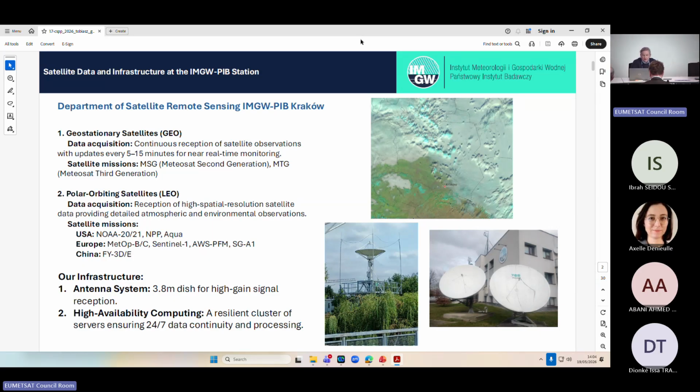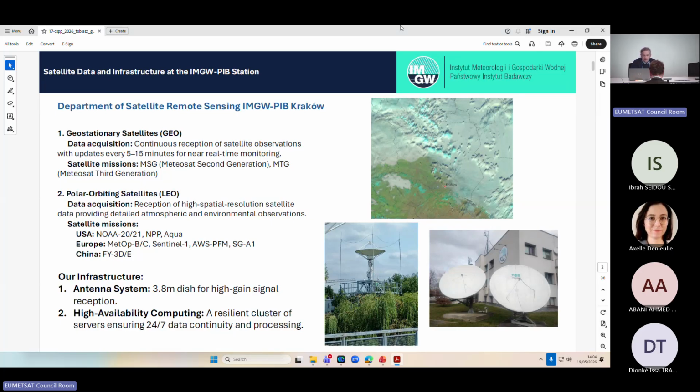So the geostationary satellites have very good time resolution. For polar orbital satellites, we have very good spatial resolution, but not as good time resolution as geostationary satellites.